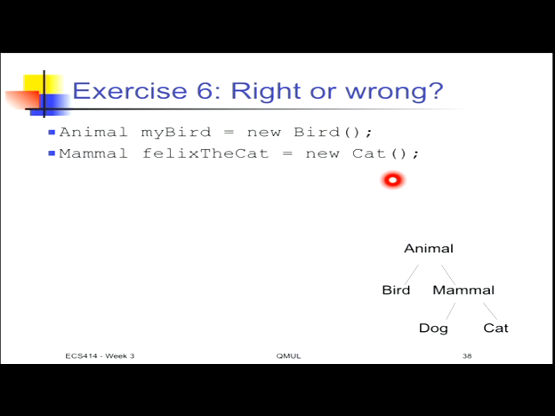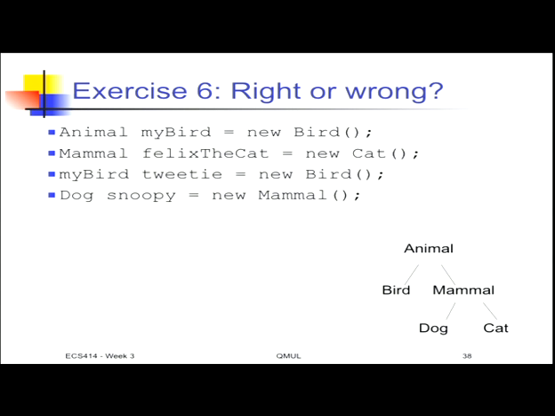I can replace this instance of mammal with an instance of cat. My bird, Tweety, equal new bird. Is that fine? Raise your hands. Good. My bird is not a type there, so this is a compile error because that type doesn't exist.